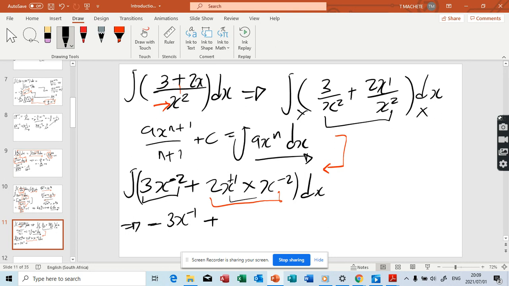So what happened to this 2? Yes, we are here. Let's solve it on the side. Simplify it first. Before you integrate, you need to simplify this.